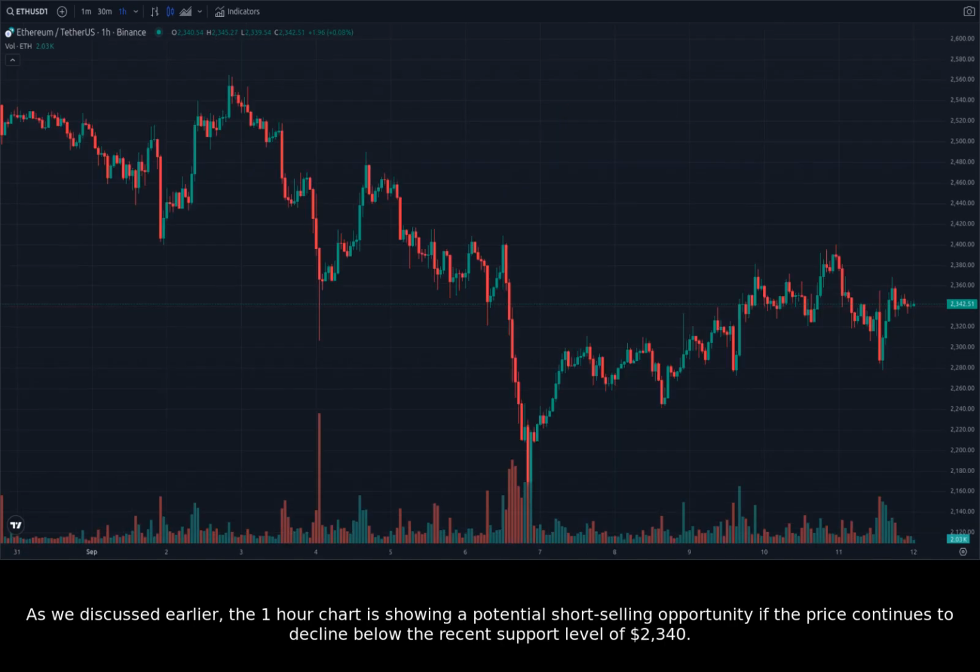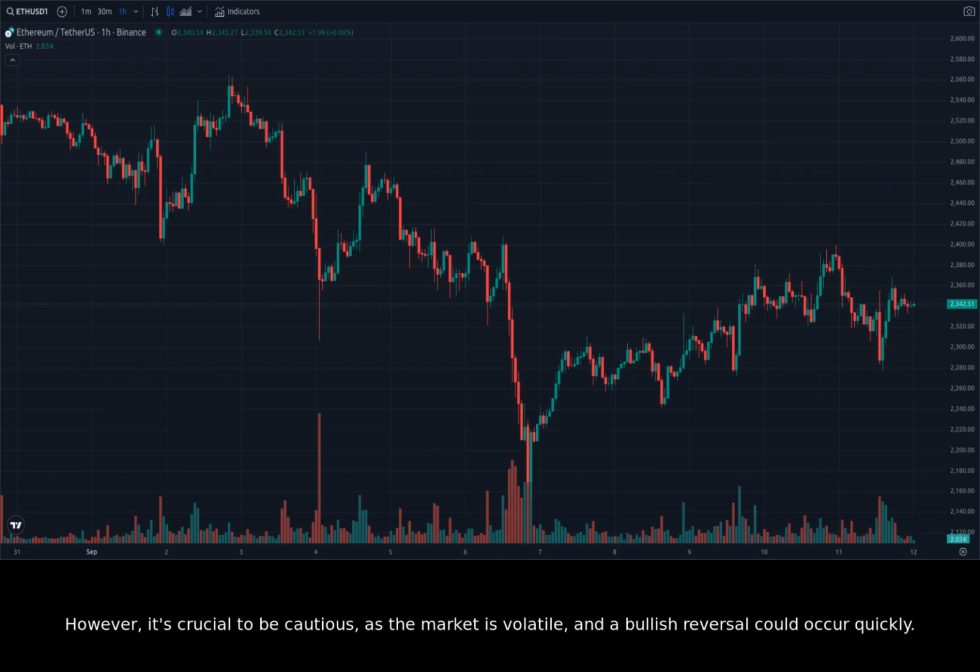As we discussed earlier, the 1-hour chart is showing a potential short-selling opportunity if the price continues to decline below the recent support level of $2,340. However, it's crucial to be cautious, as the market is volatile and a bullish reversal could occur quickly. We need to look for confirmation signals, such as increased volume and momentum, before entering any short trades.